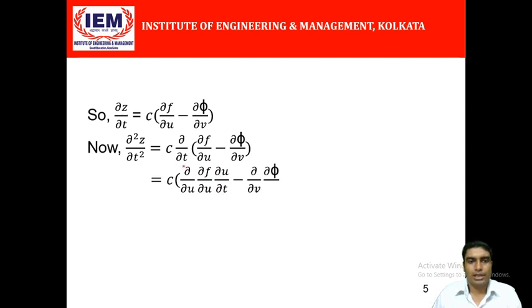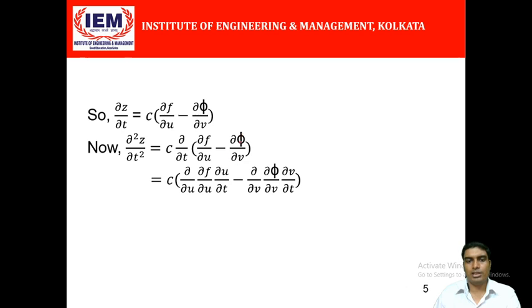So here basically we are changing that differentiation. First we are differentiating with this function, not directly with t. First we differentiate by u, then after that we adjust this ∂t here in this way. Similarly, we cannot directly find the partial derivative of this function with respect to t.